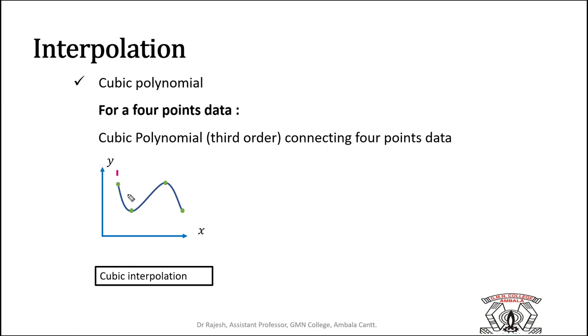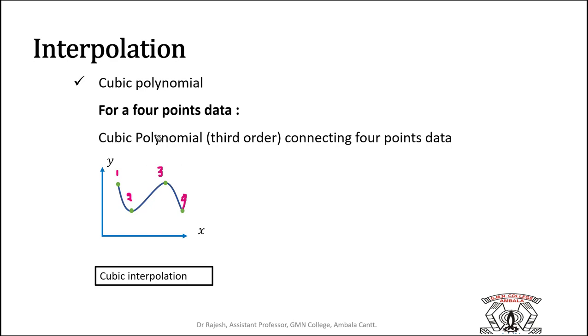Say this is point number 1, this is point number 2, this is point number 3, and this is point number 4. Which type of polynomial could fit into this 4-point data? A cubic polynomial could fit into these 4 data points.